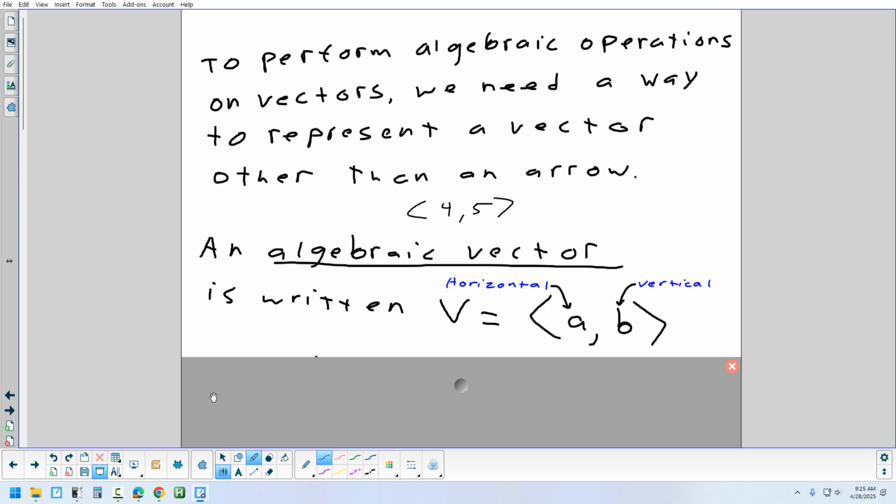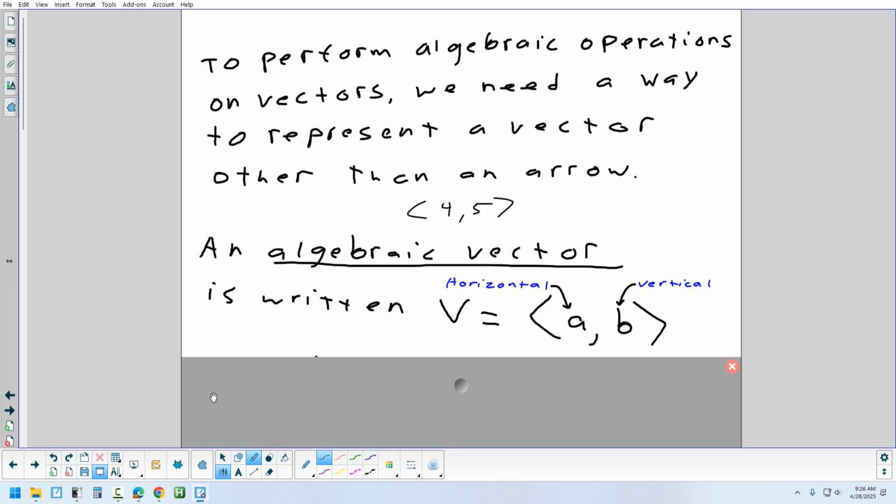What other thing do we write down that has two numbers and a comma between them? Yeah? Coordinate pair. So we want to make sure when we write a vector, it looks different from a coordinate. The way we do it is we put these in angle brackets, kind of like a less than and a greater than symbol. We put those on the ends, and then we know it's a vector.